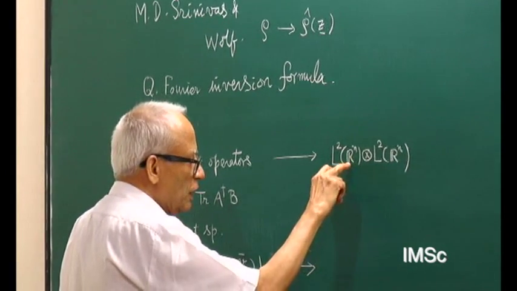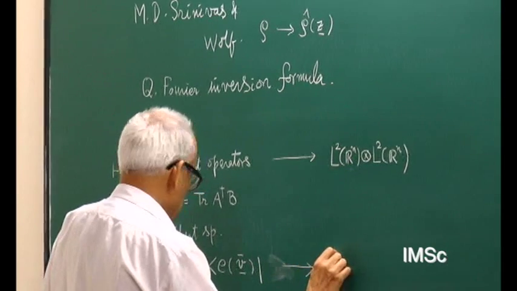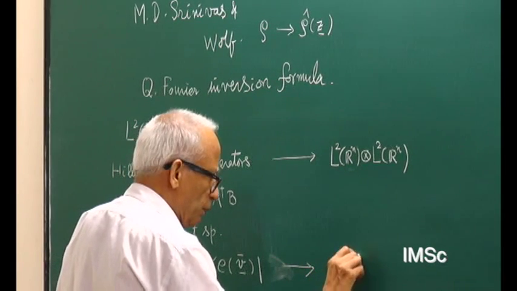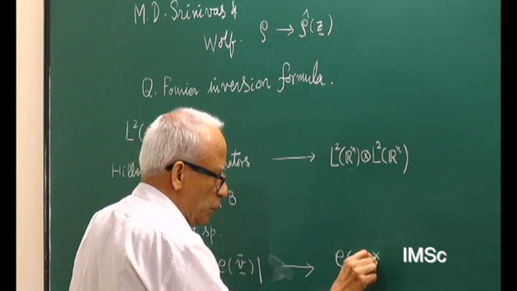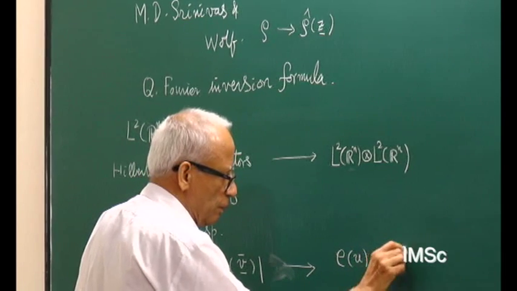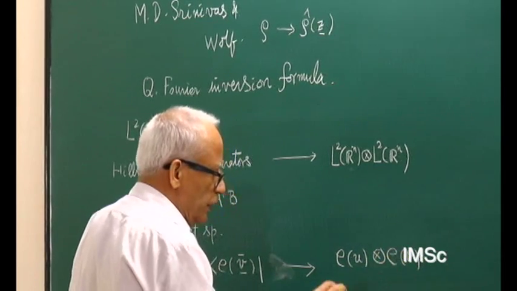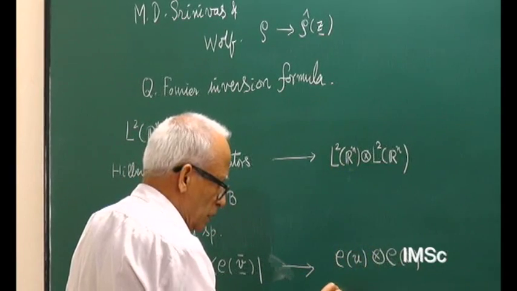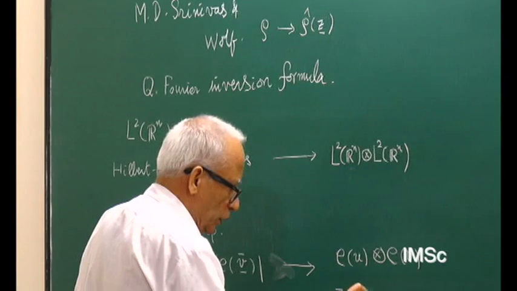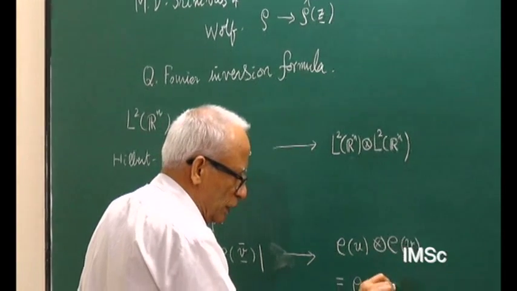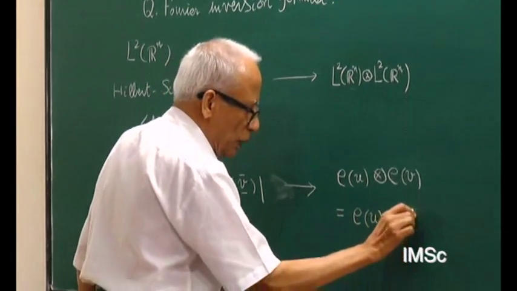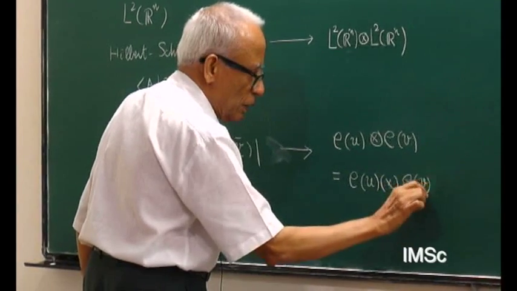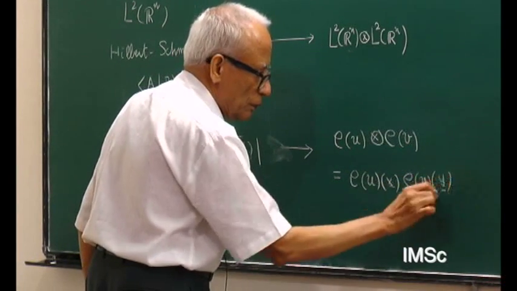You have exponential vectors here, E_u tensor E_v bar, which means, as a function of x, y, a function of two variables, this is the coherent vector E_u evaluated at x multiplied by E_v evaluated at y.